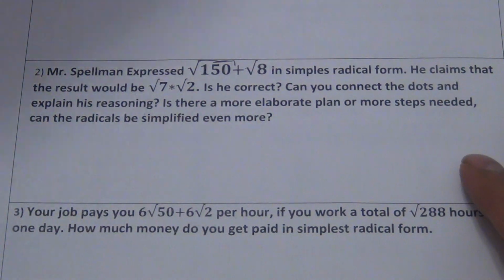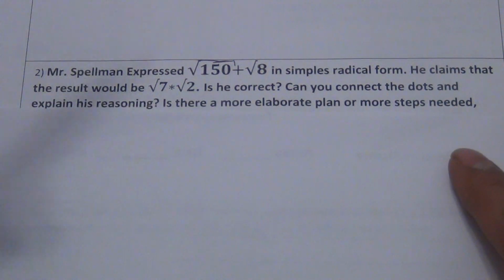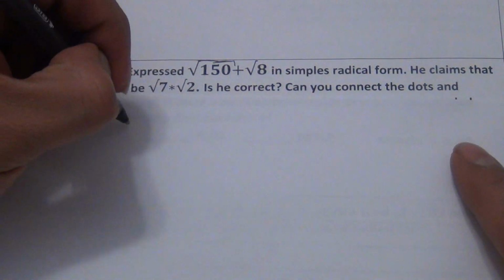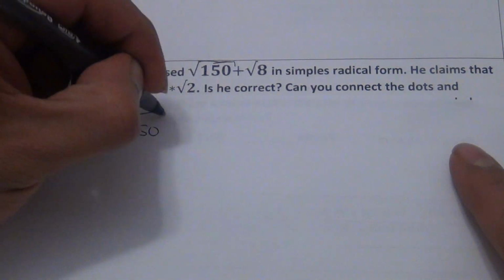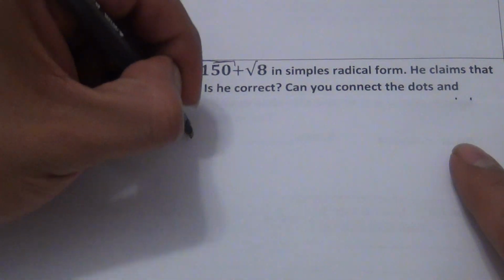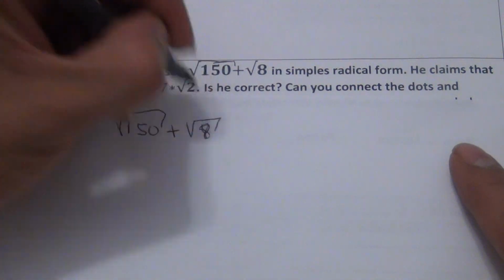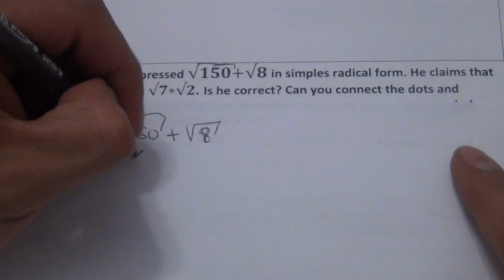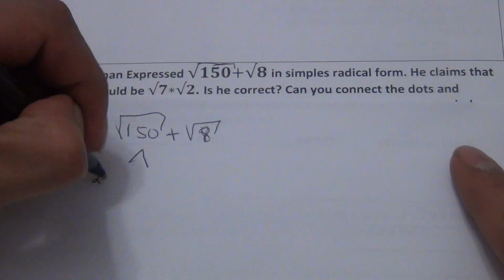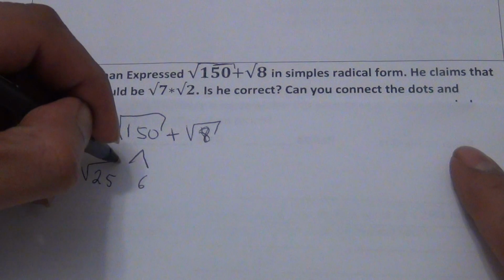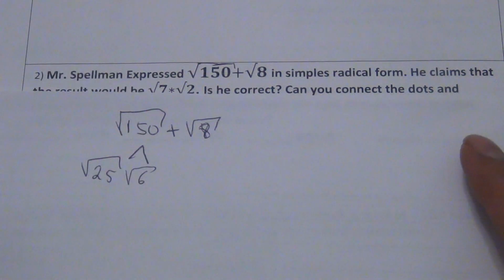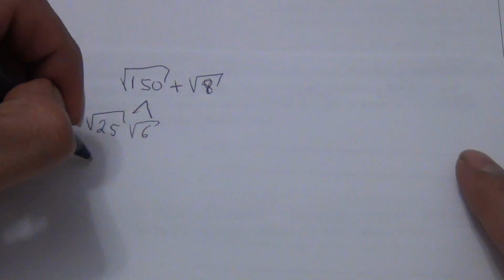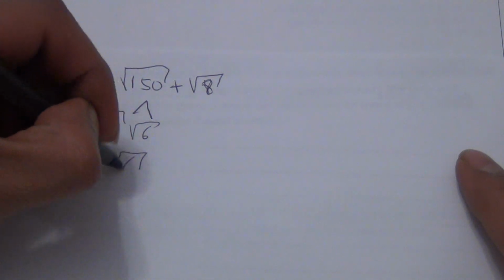Well, you know what? There's only one way to do this. We write what he was given. Radical 150 plus radical 8. Okay? Nice, a beautiful 8. So radical 150 is 25 times 6. That's the largest perfect square. And we know that this is 5 times radical 6.